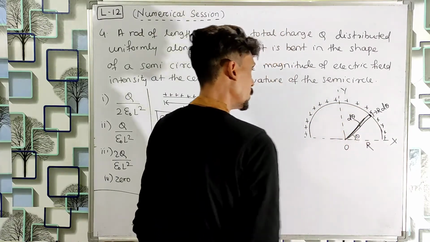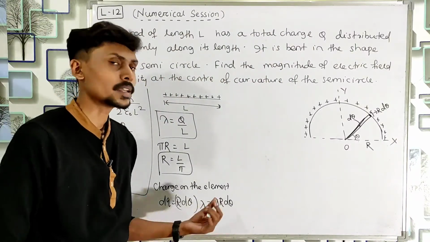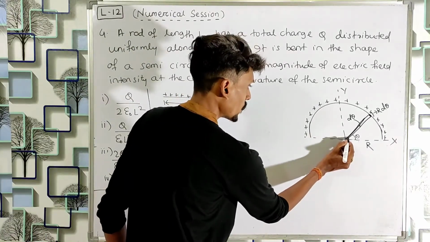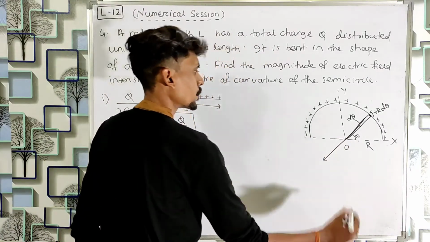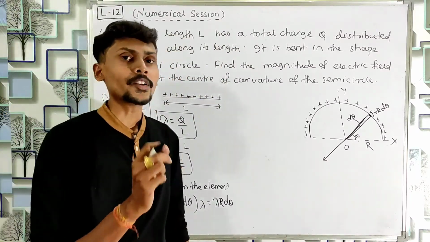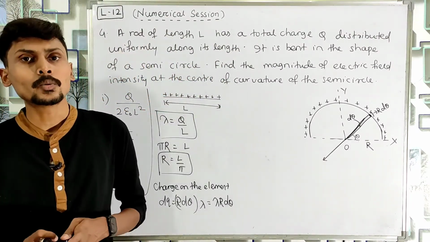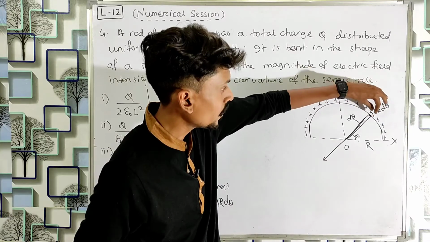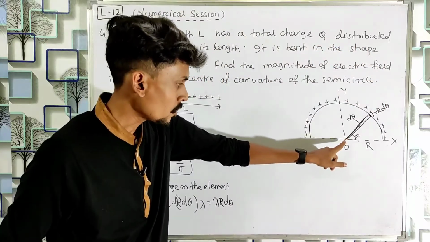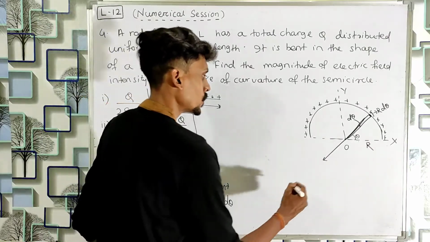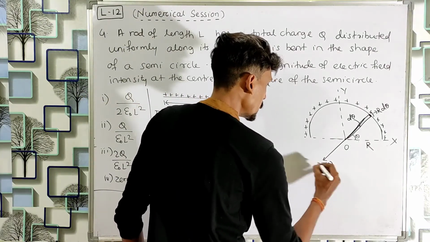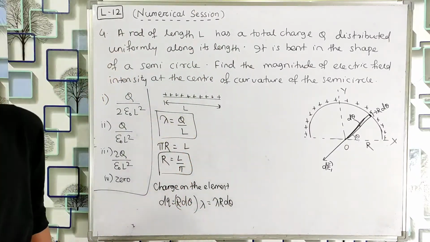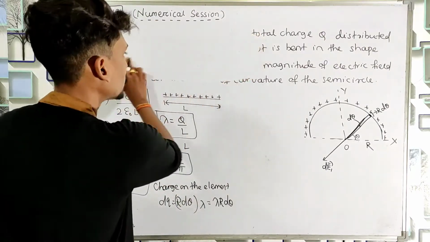So due to this charge dq, the electric field at point O will be away from that element, because we know that the electric field due to a positive charge is always away from it. So the electric field due to this element will be along this direction. Suppose this is the dE1 vector.